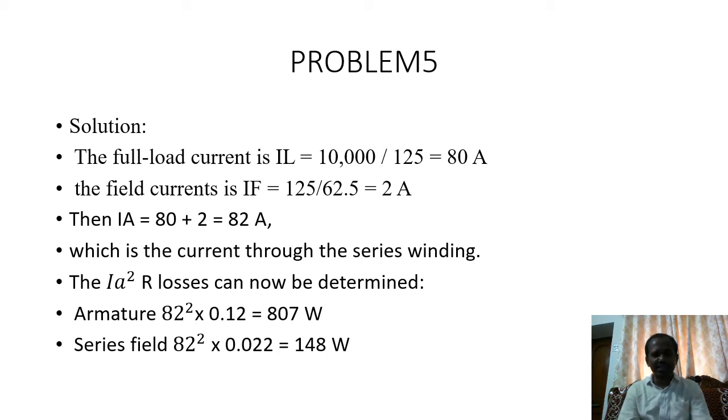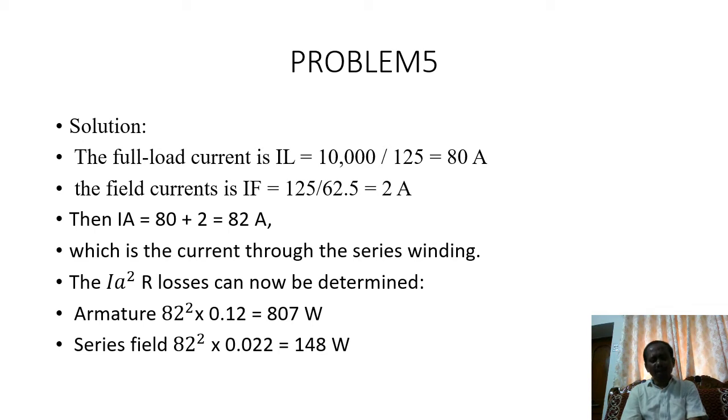The shunt field resistance is given. ISH is equal to V by RSH. What is the V across the load? 125 by 62.5 is equal to 2 amperes. What is the shunt field current here? 2 amperes. Then you can calculate IA is equal to ISH plus IL.